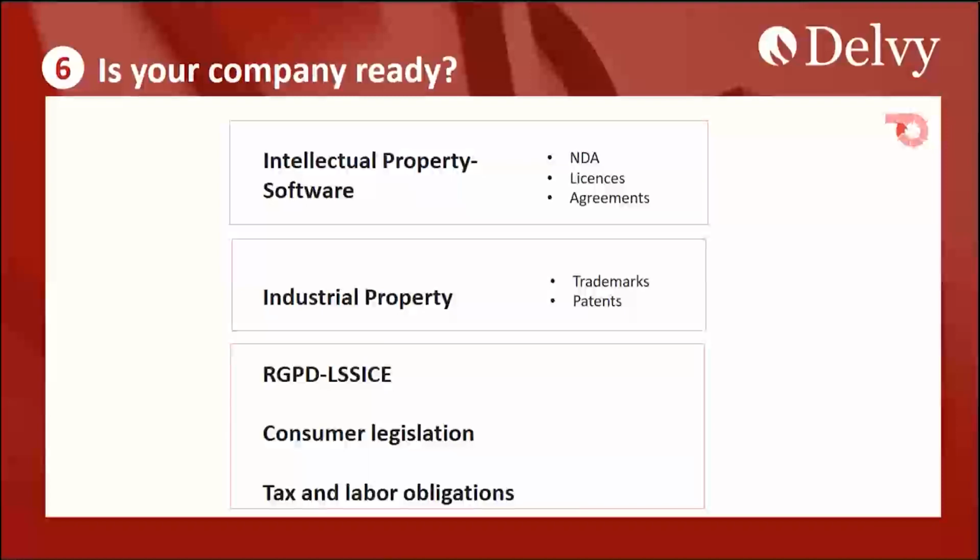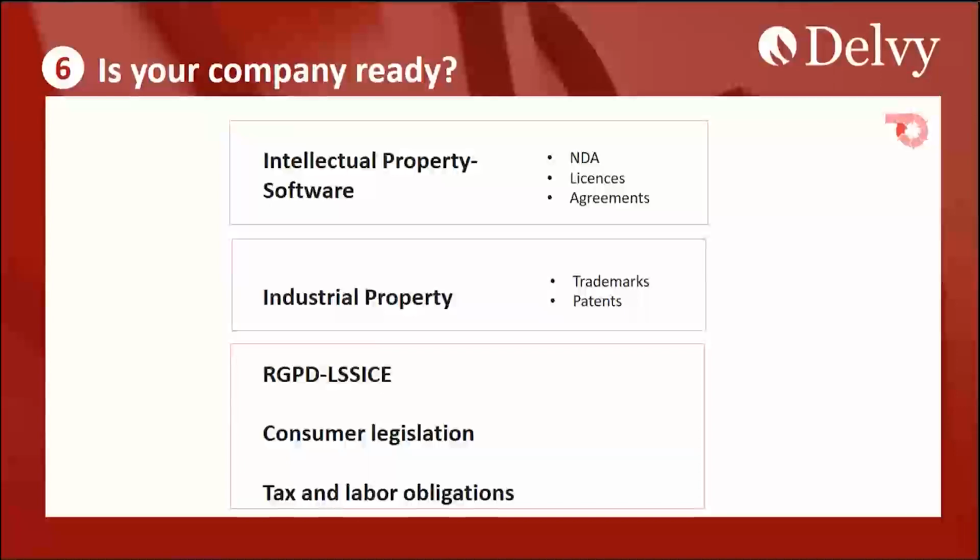GDPR regulations: have we treated them, and is everything compliant, also with consumer legislation if we are doing a B2C business model? And everything that has to do with tax and labor obligations: is everything up to date? Is everything compliant?